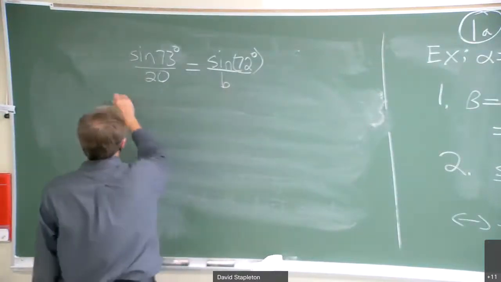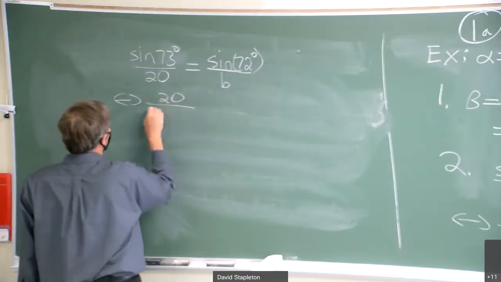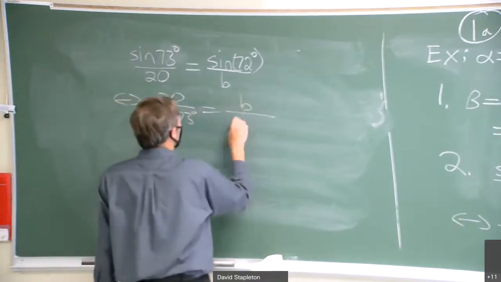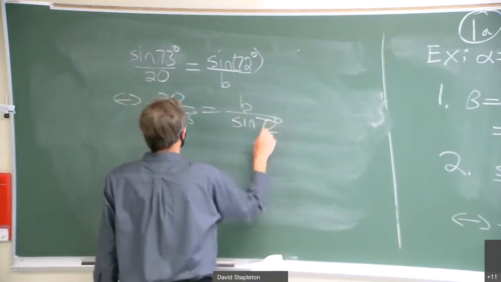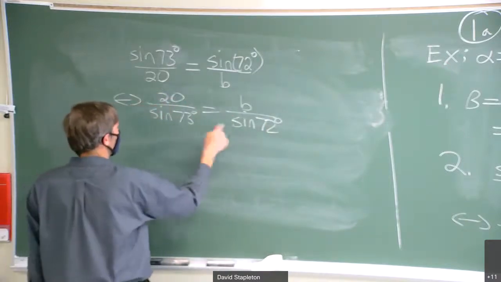I've got the same problem here. B's on the bottom. So I'll write this by saying if these are equal, their reciprocals are equal. 20 is to sine 73 degrees as B is to sine 72 degrees. Boy, it looks like B is going to be pretty close to 20, right? Because it's almost the same denominator here.